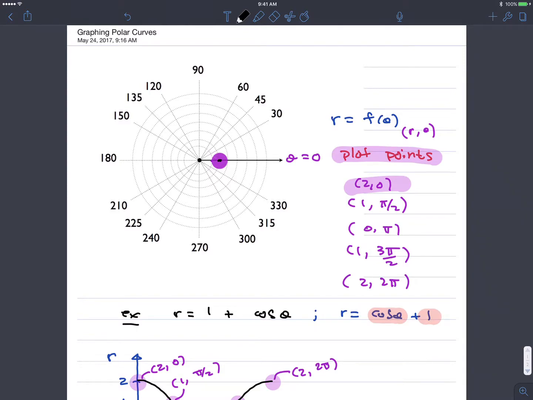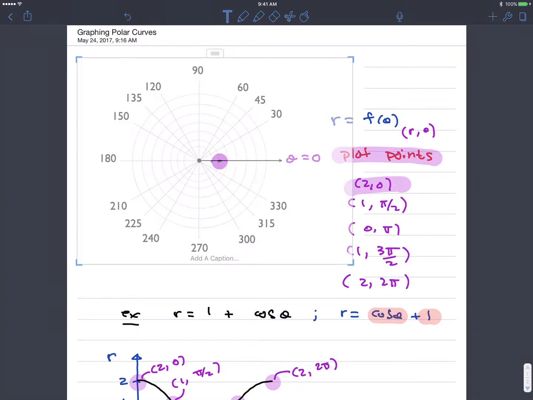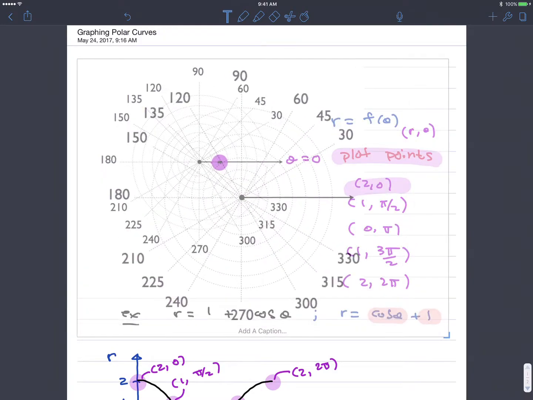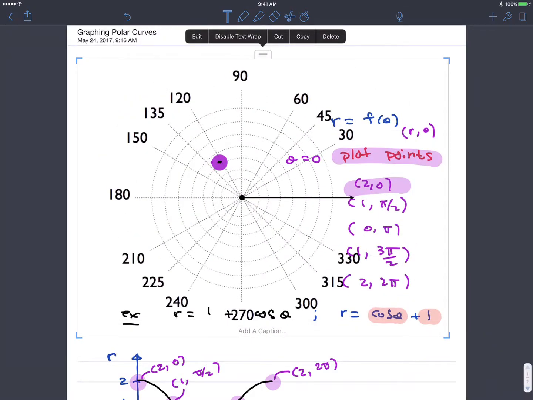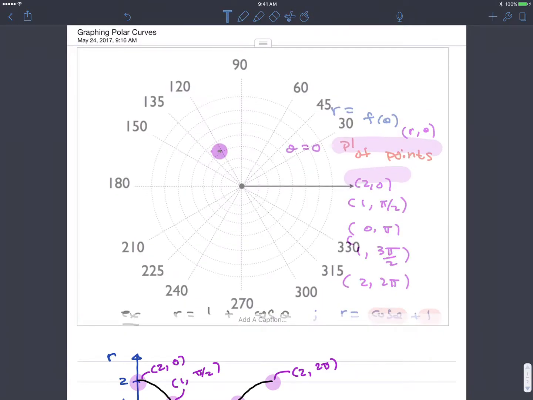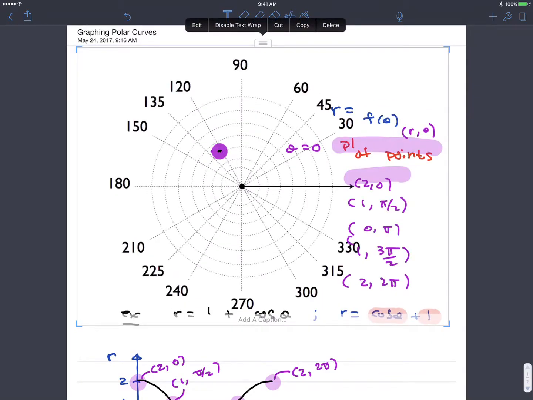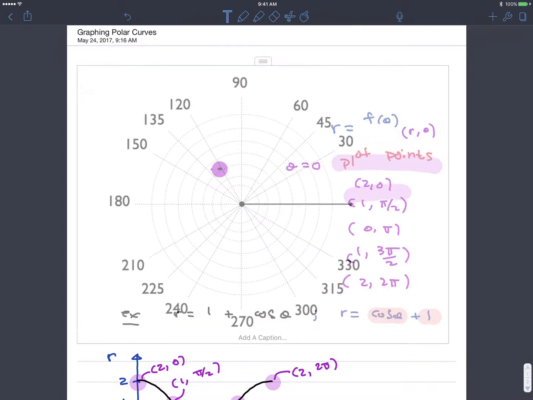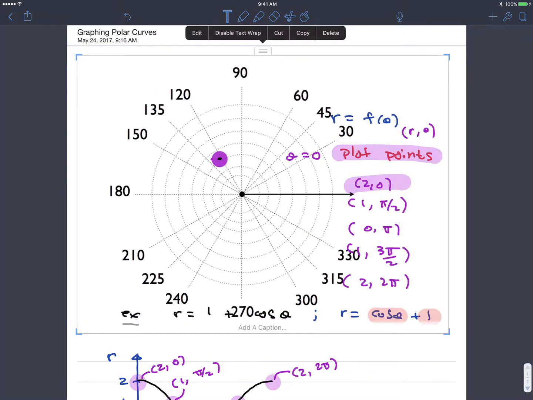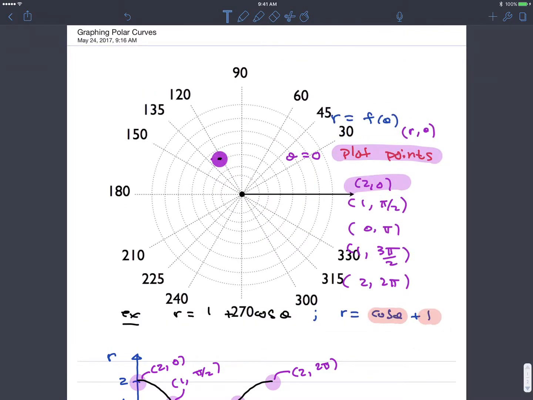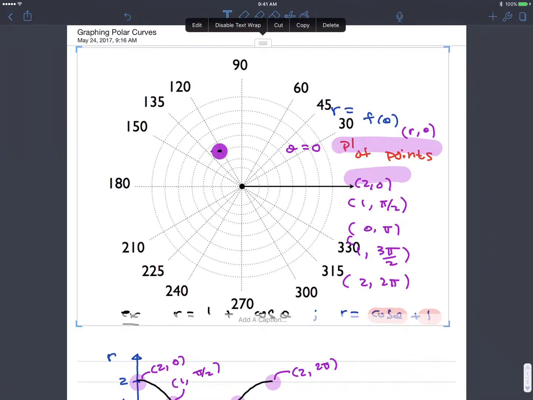And maybe we might have to eventually make this a little bigger. Ah, we do. Might have to make that a little bigger. Anyway, we'll see what happens.